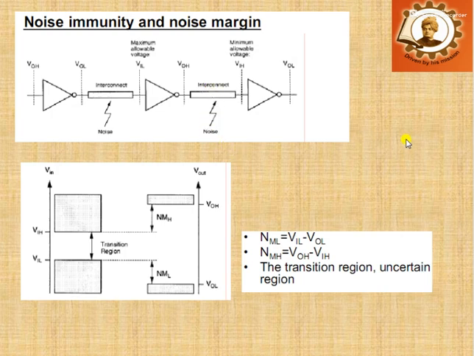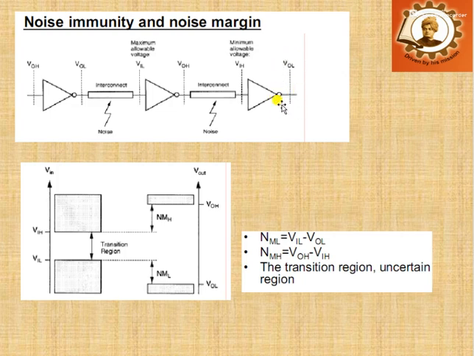So let us consider that the input of an inverter 1 is VIL, and the output is VOH, and it is connected to the input of inverter 2. But if the noise is added in such a way that its effect decreases the value of VOH and it becomes less than VIH, then inverter 2 will not be able to predict its logic level.